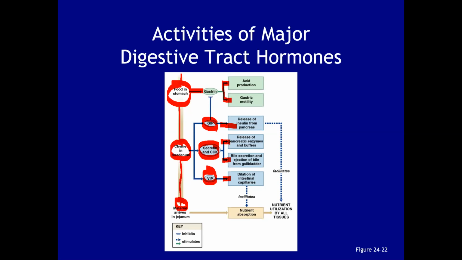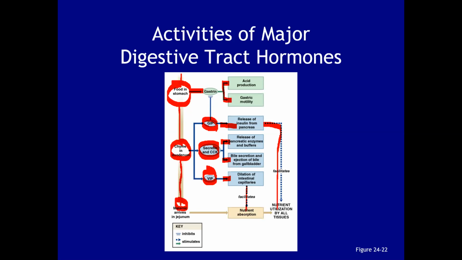In order to be able to accept anything, the capillaries need to be dilated so that substances can enter. When that dilation occurs, it facilitates nutrient absorption at the level of the jejunum. Going back up to GIP, once you get the insulin from the pancreas, it again facilitates nutrient absorption.